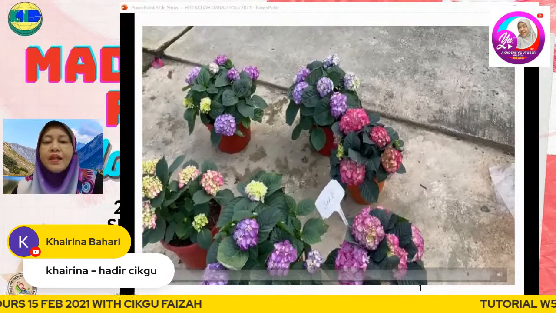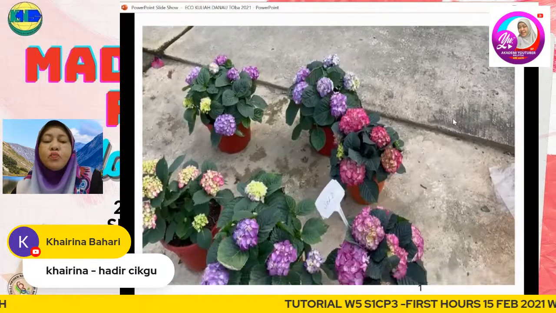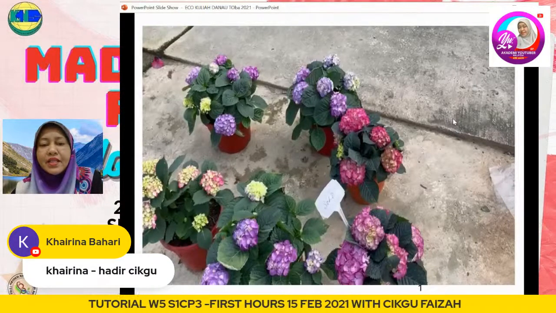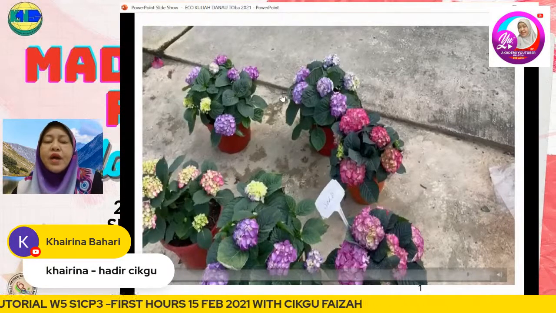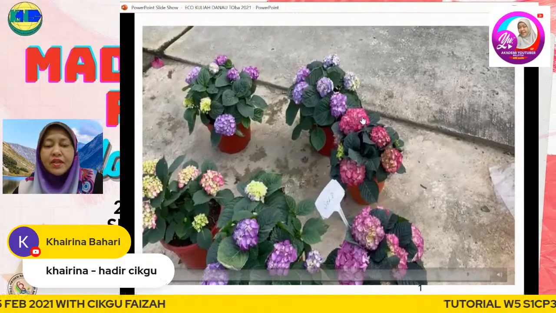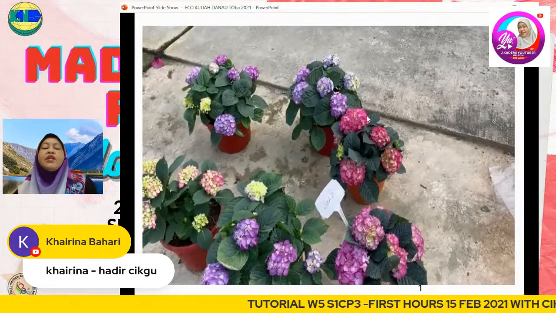So back to our discussion. We will do the breakdown of this later. From the video you watched just now, you all saw that the plants are the same species, but why does this species give different colors in terms of the flower? We will discuss this in this topic.